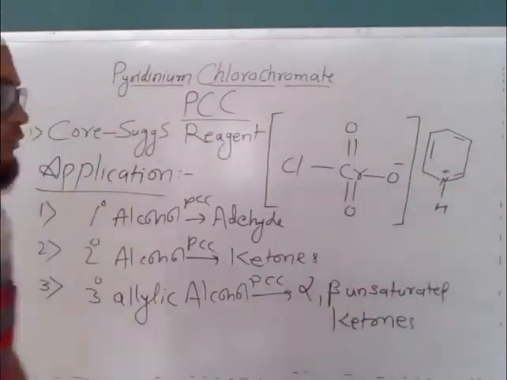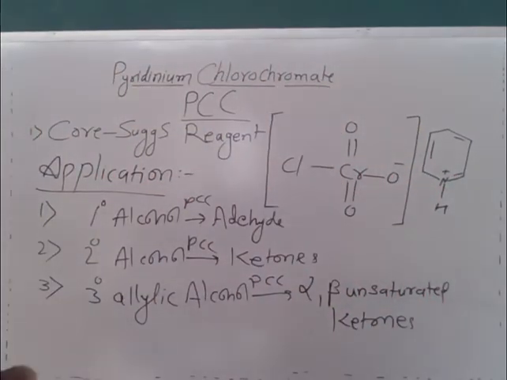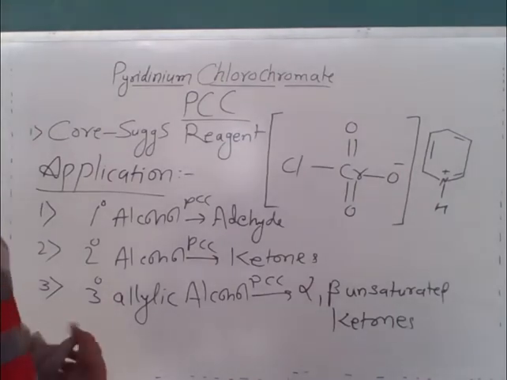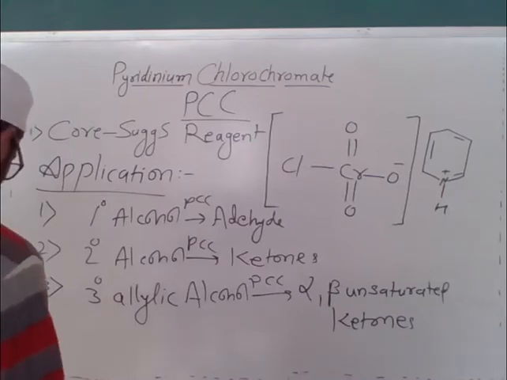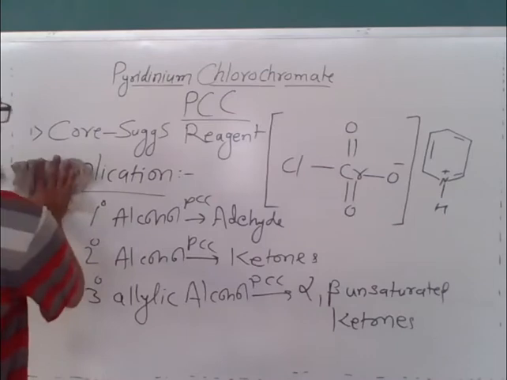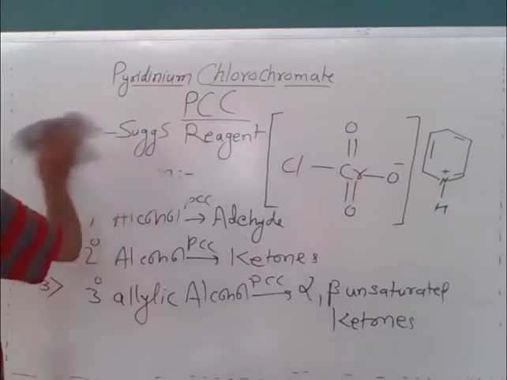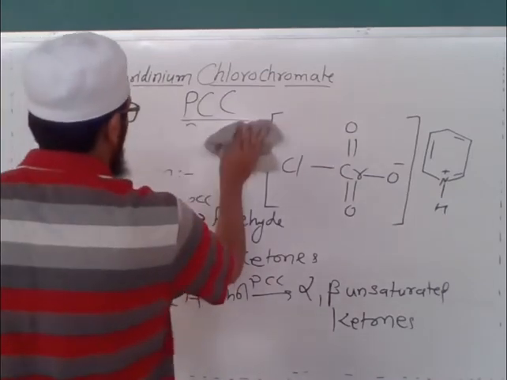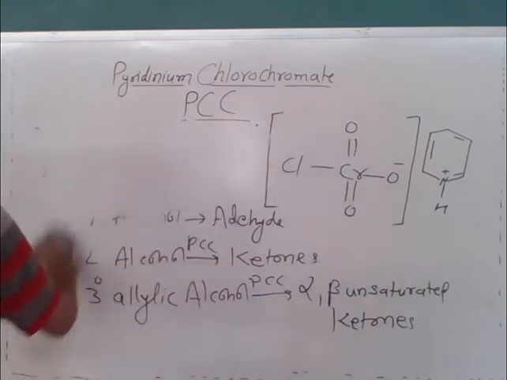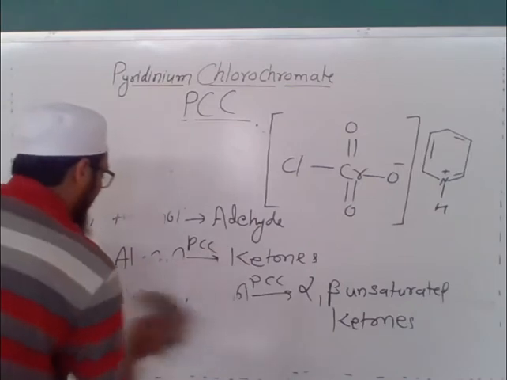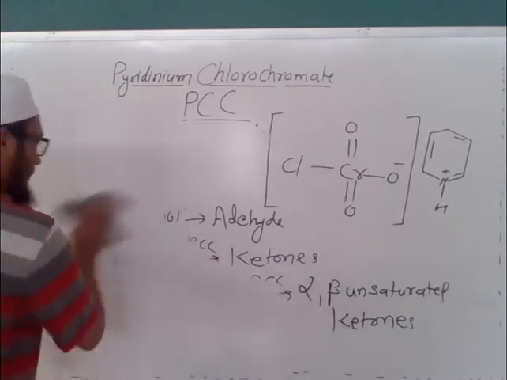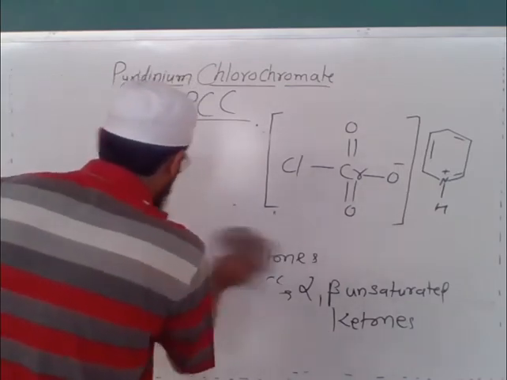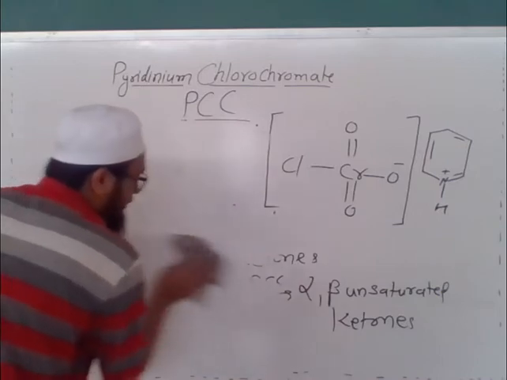So we'll move towards its mechanism, how it can convert primary alcohol to aldehyde. Let's see its mechanism. I will rub these all out. We'll shift towards the mechanism of primary alcohol to aldehyde in the presence of PCC.